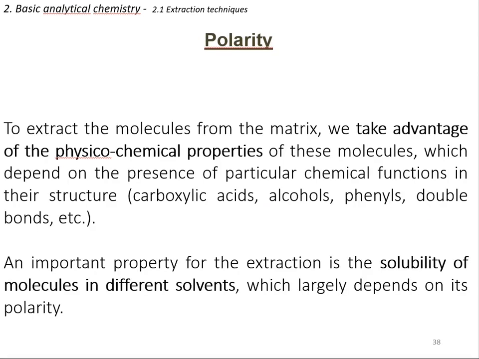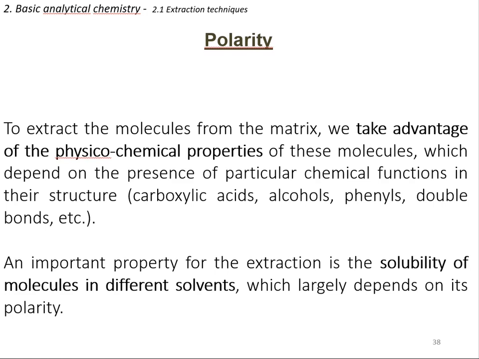Now there is a concept very important in metabolomics, which is the polarity. It concerns the basic physico-chemical property of a molecule, whether it's a molecule of solvent or a molecule of metabolites you want to extract. So you will take advantage of the physico-chemical properties of these molecules to separate them from the matrix.